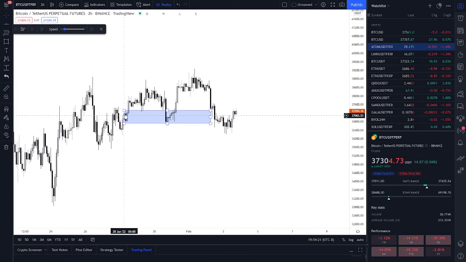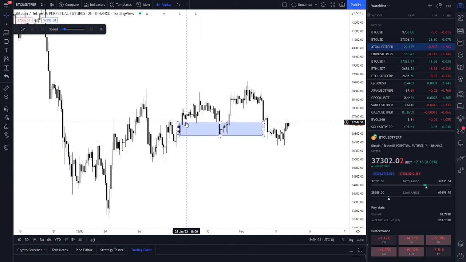So upwards movement, consolidation, sufficient gap has been created. Now Bitcoin, you know, this is a scalp, a 2 hour, right? So a small movement like what? A $1,000 move is enough.